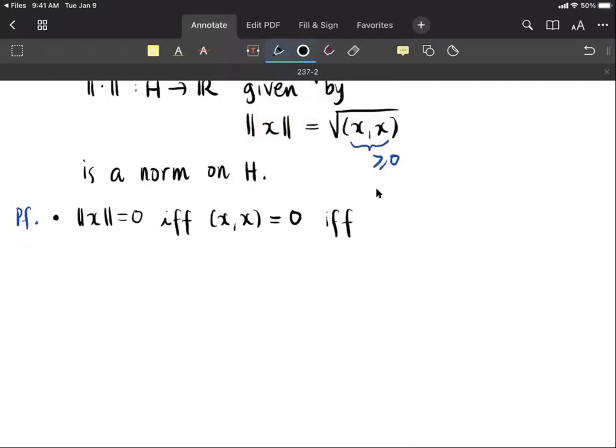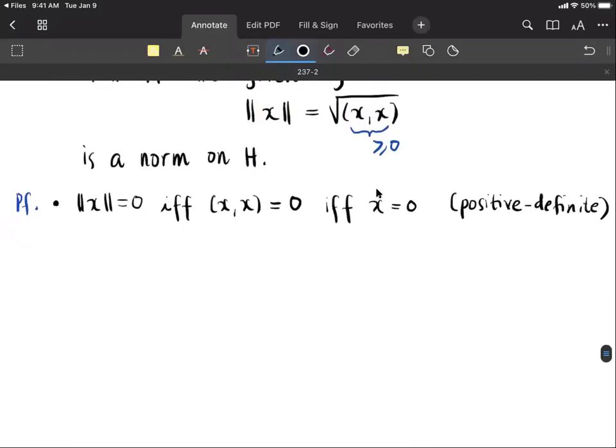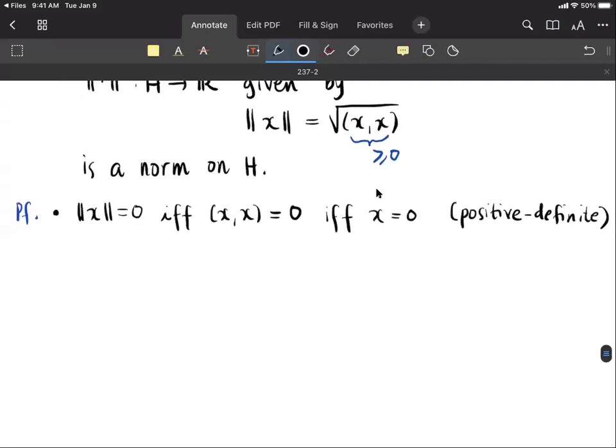And we know that since we have an inner product, it is positive definite, so x must be 0. So the positive definiteness of an inner product implies the definiteness of the function that we would like to prove to be a norm.